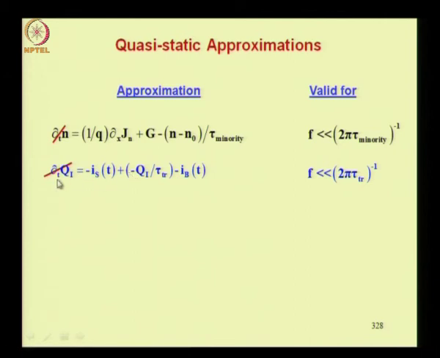Let us spend a few minutes to explain how you get this equation from this equation. In fact, let me first point out the one-to-one correspondence. This term is obtained by integrating this term on the left hand side. These two terms emerge from integration of this term, the divergence of the current density.